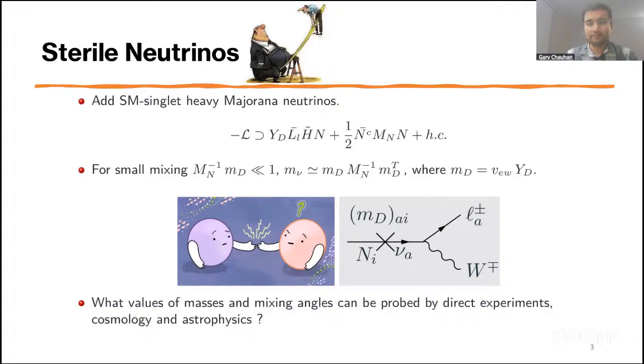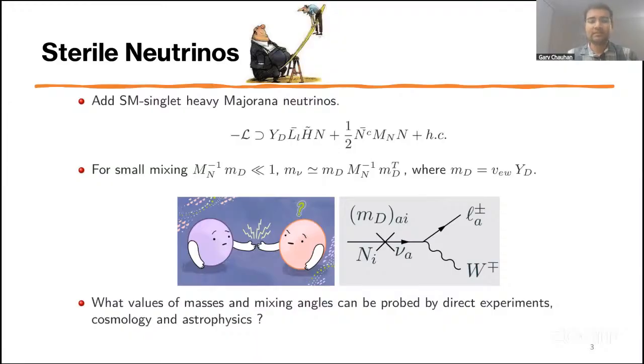Unlike standard model particles getting their masses, there is one extra thing. Since these Majorana neutrinos that we have added are singlets under the standard model gauge group, you can have an extra Majorana mass term for these sterile neutrinos. They are sterile because they only interact with all the other standard model species through their mixing with the active neutrinos.